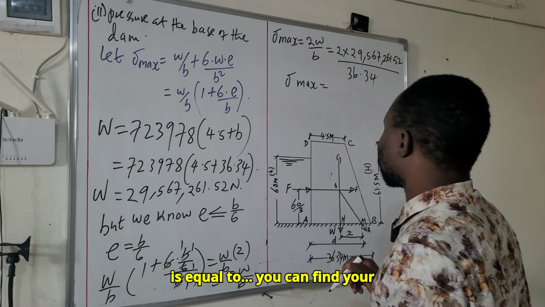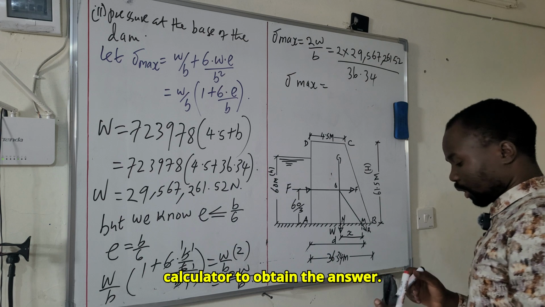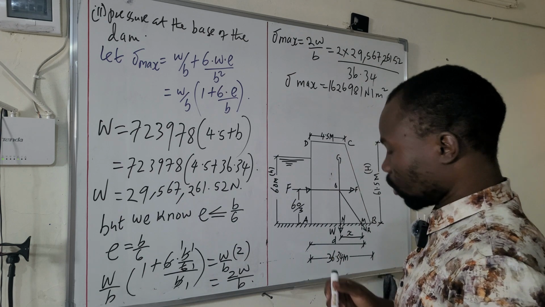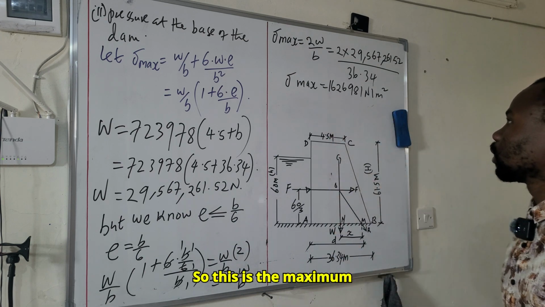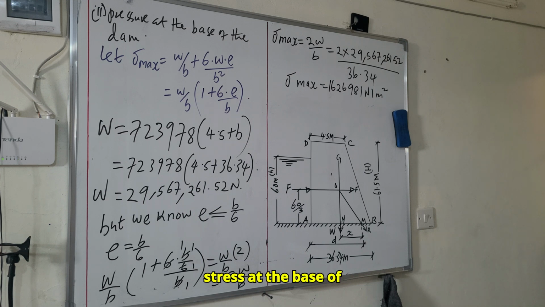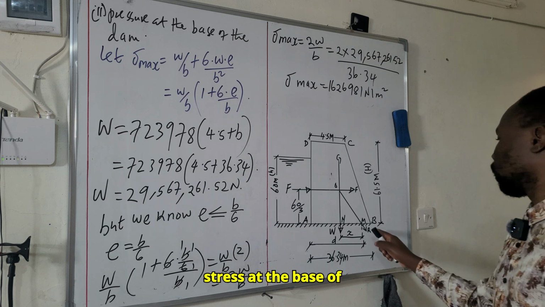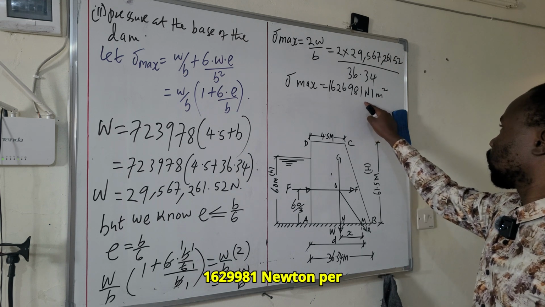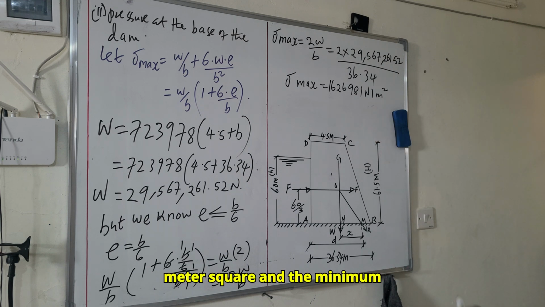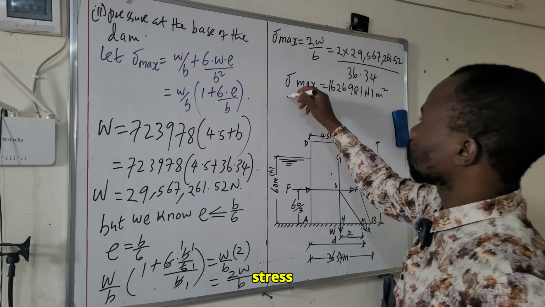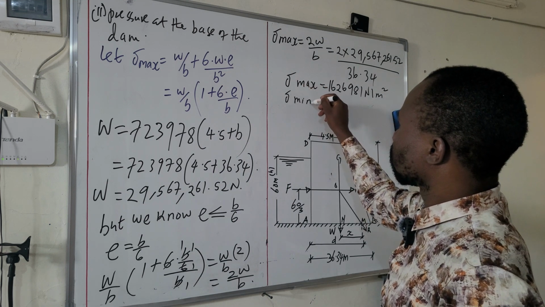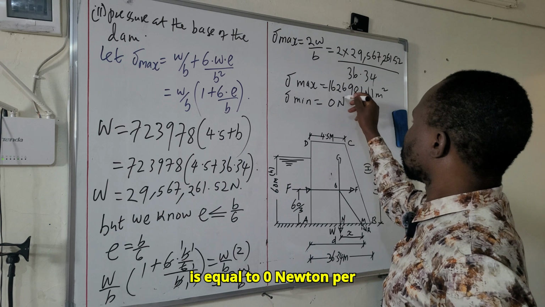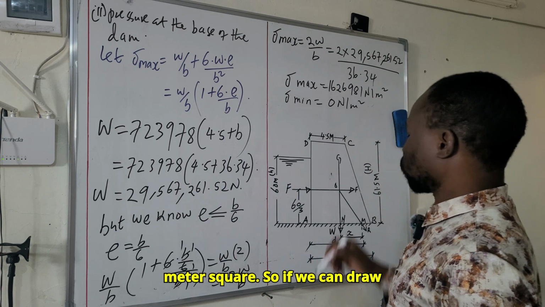You can punch your calculator to obtain the answer. So this is the maximum stress at the base of this dam, which is 1629,981 Newton per meter square. And the minimum stress is equal to 0 Newton per meter square.